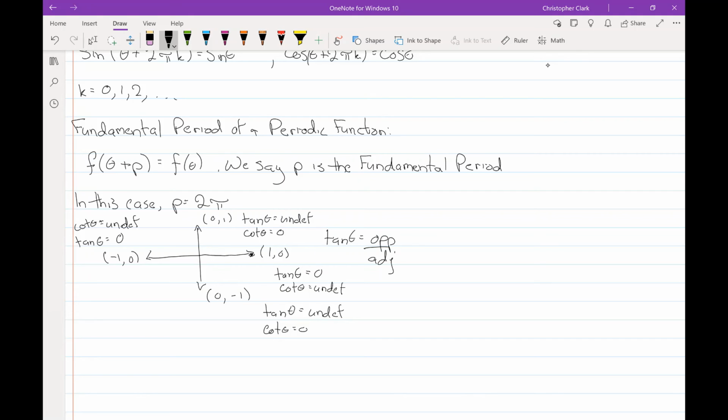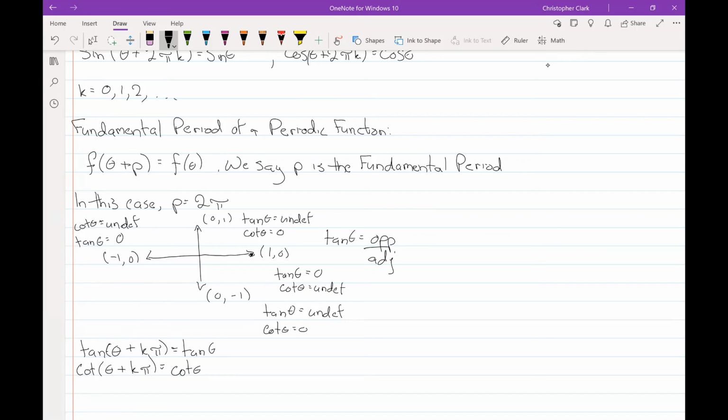Similarly with cotangent. So what this means is that tangent of theta plus k pi is equal to tangent of theta, and similarly cotangent of theta plus k pi is equal to cotangent of theta.